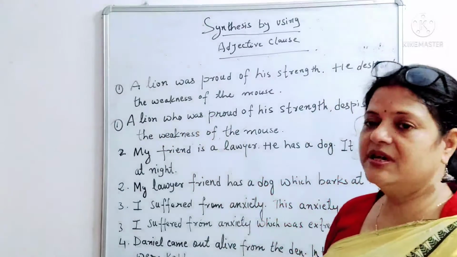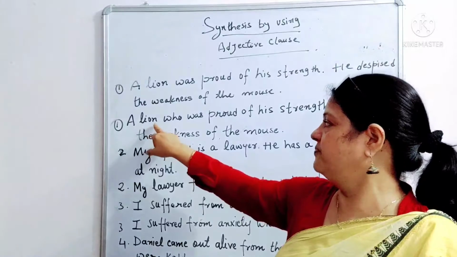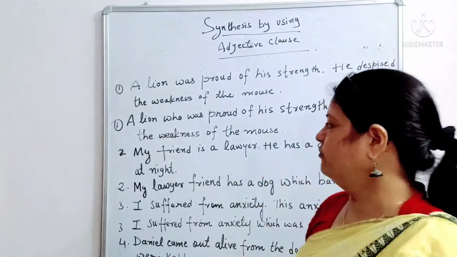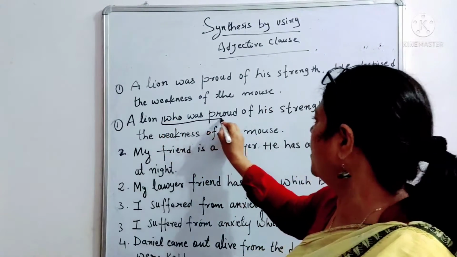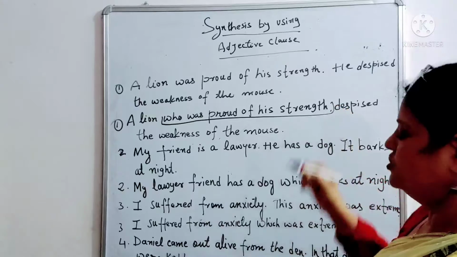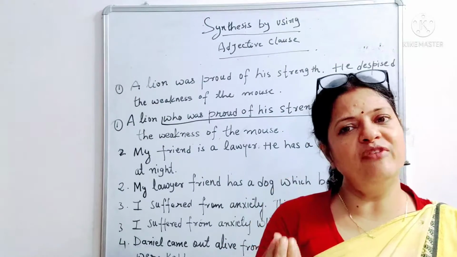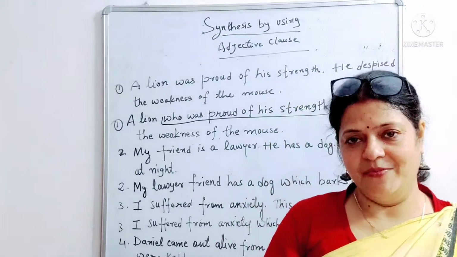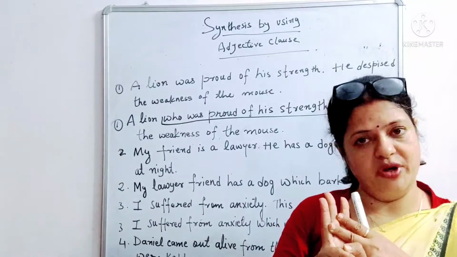So our subordinate clause will start just after this noun. So it would be like this: a lion who was proud of his strength. We know that to make a subordinate clause, we always need a subordinate conjunction, subject and verb. These three things are very much needed to make a clause, okay?